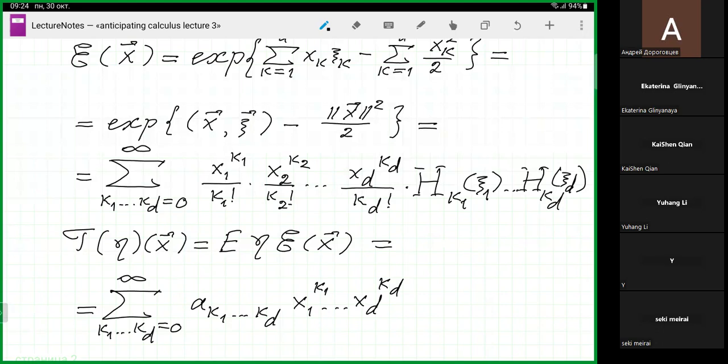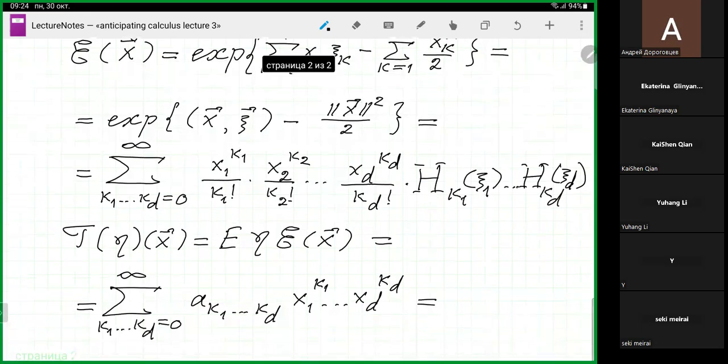But usually in a power series, we have sums related to fixed powers. So we must rewrite it as follows.